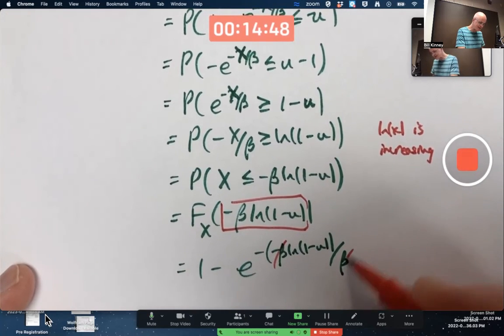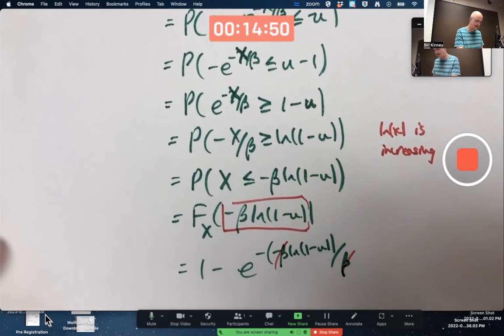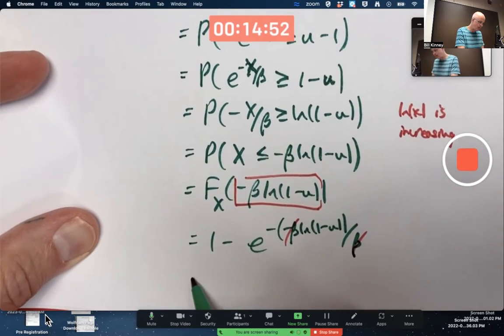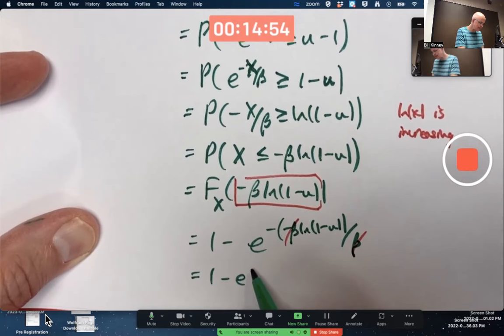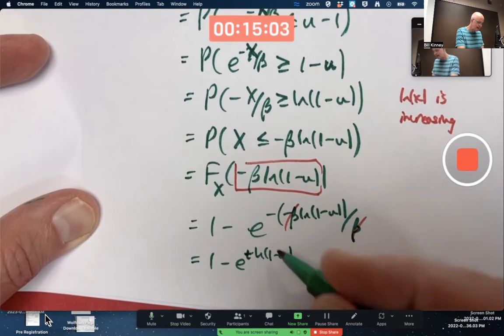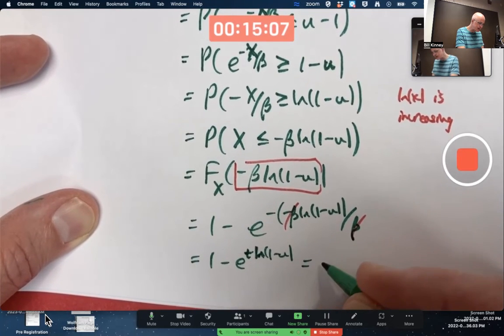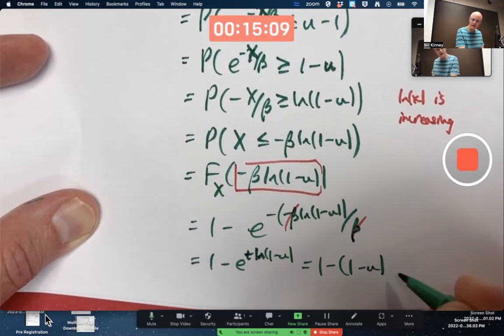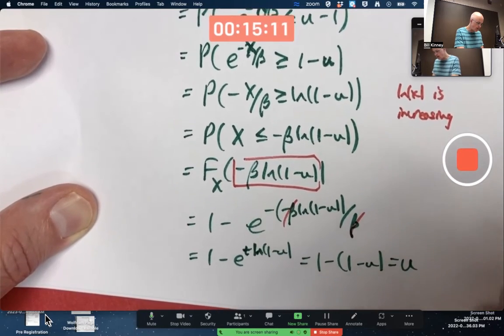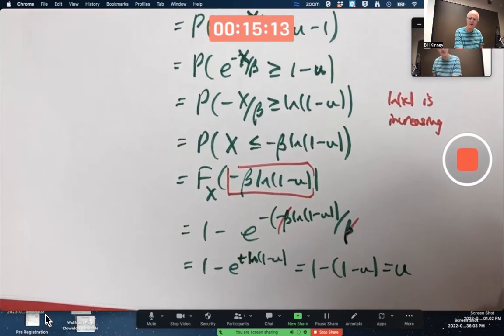The betas will cancel. I'll get 1 minus e to the plus natural log of 1 minus u. Hey, this is looking nice. E and the natural log cancel. They're inverse functions. This becomes 1 minus u. U. Really? Is it that simple in the end? Yes, it is. This is right. I didn't make a mistake.